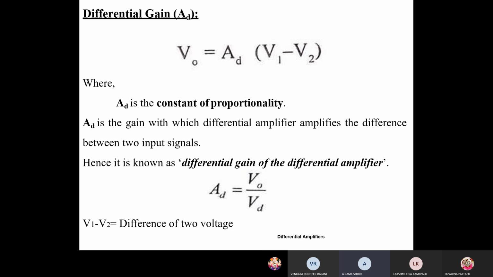Apart from these four, the most popularly used one is the dual input balanced output differential amplifier. By using these amplifiers, we know how the magnitude and phase appear at the output of the differential amplifier.